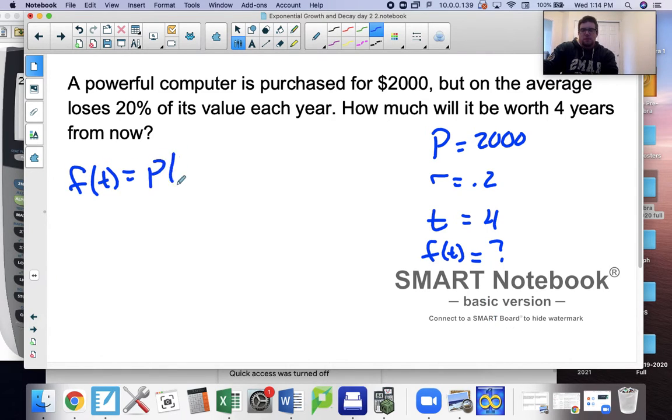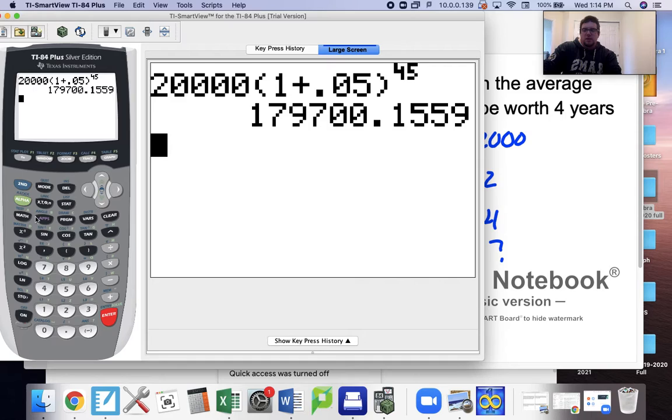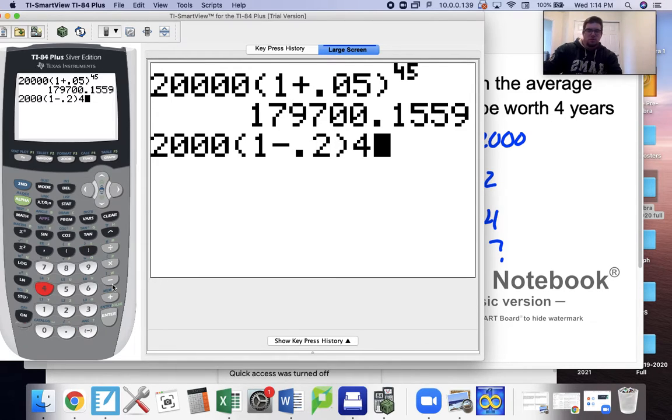So once again, we're looking for that final value. f of t, P, 1 minus R. It's a decay because it's losing value. Type that into our calculator. 2,000, 1 minus 0.2 to the 4th power.